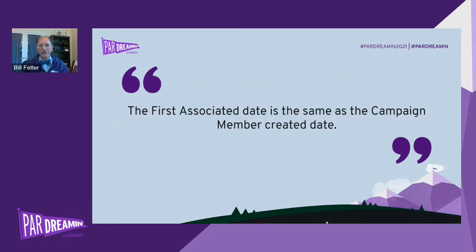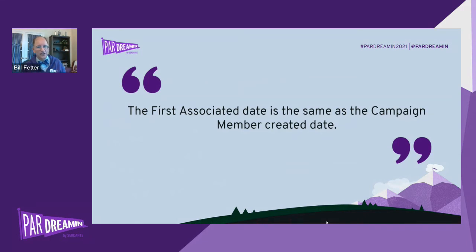For example, if they were put in the campaign because they were invited, but they didn't respond until 4 days later, the date that influence is going to look at is the date they were invited, not the day they responded. That, again, gets into this little funkiness on timing windows that we're going to look at in a moment.